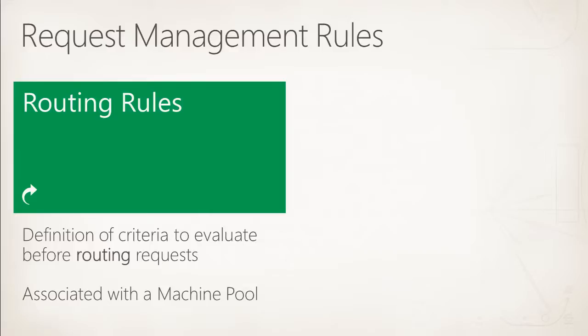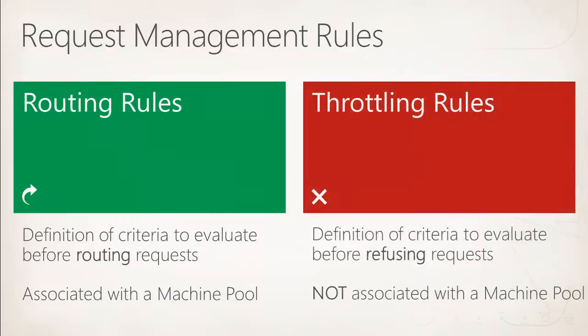And these are obviously assigned to a machine pool as well. And then there's throttling rules, which is the same thing, but this time is the criteria to evaluate before simply refusing the request. Okay, so these are the requests that we want to turn away. And these ones, because we're refusing the request, obviously they don't need to be associated with a machine pool.